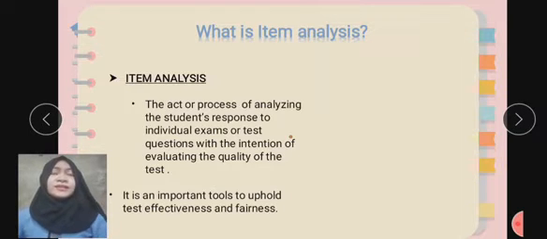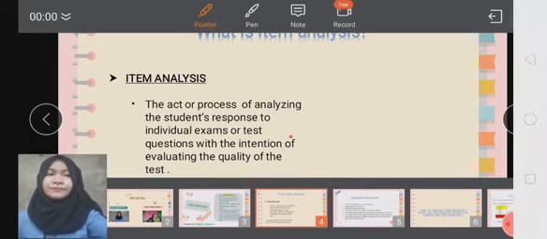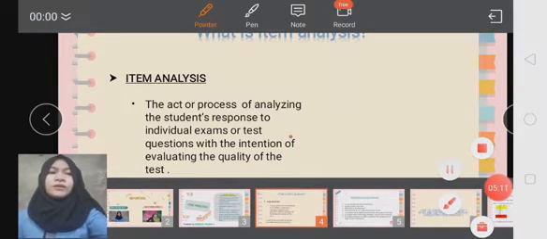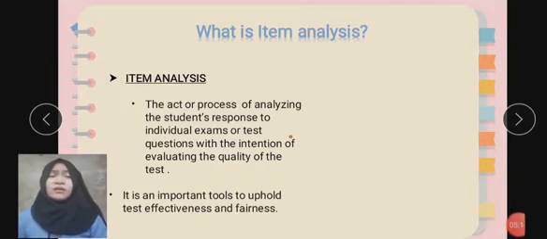So it is really important for us as future educators, or to be effective teachers, that we analyze each item for us to evaluate our test and the learning of our students. Okay, so the question is, ba't pa kailangan itong item analysis?